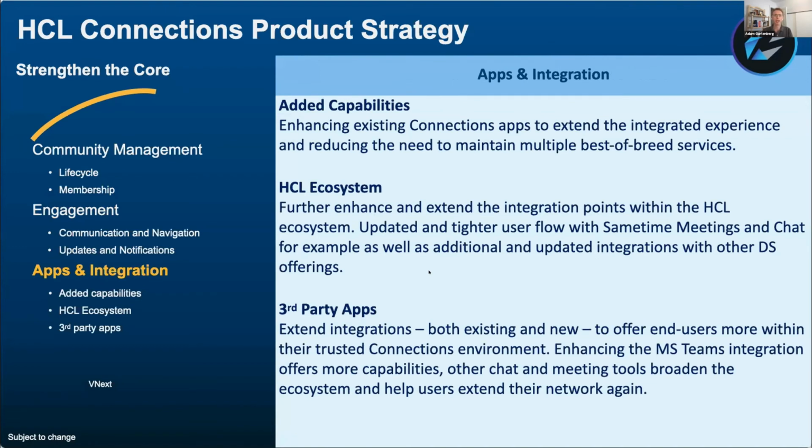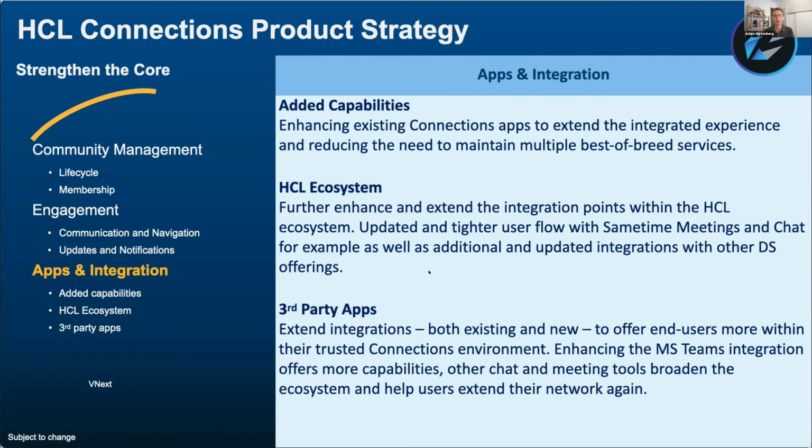And then the last major category here, the major theme, is around apps and integration. Similar to what we had before, there are added capabilities that people want to see, enhancing connections apps to extend the integrated experience and reduce the need for multiple best-of-breed services.